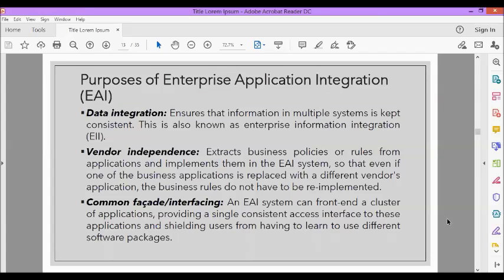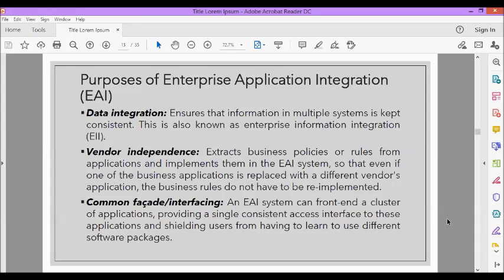The second purpose is vendor independence. It extracts business policies or rules from applications and implements them in the EAI system so that even if one of the business applications is replaced with a different vendor's application, the business rules do not have to be re-implemented.